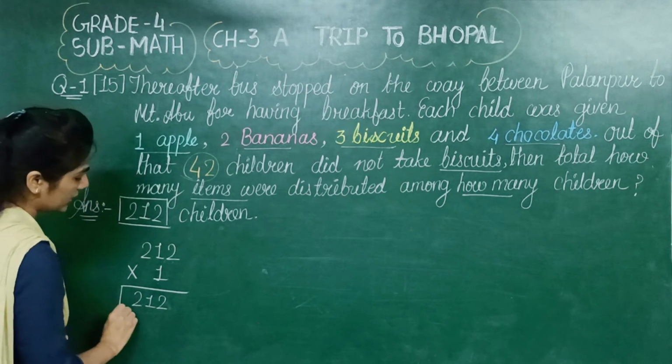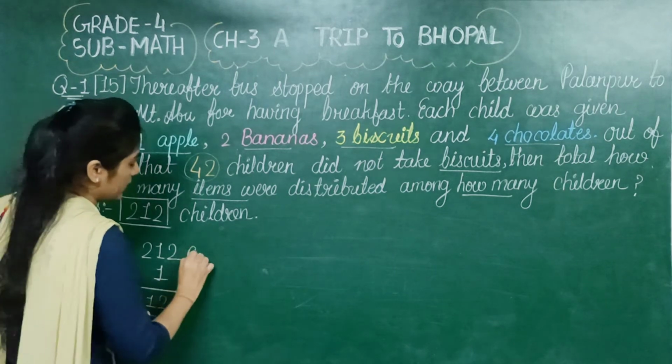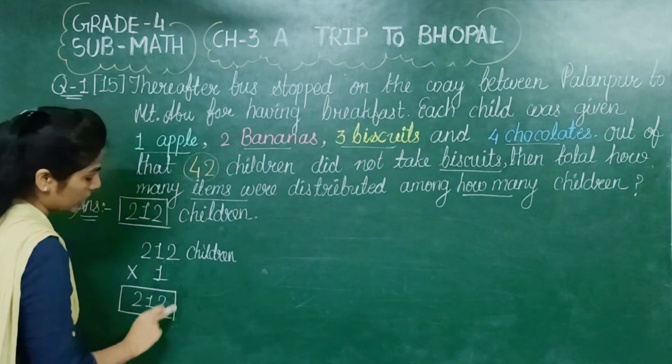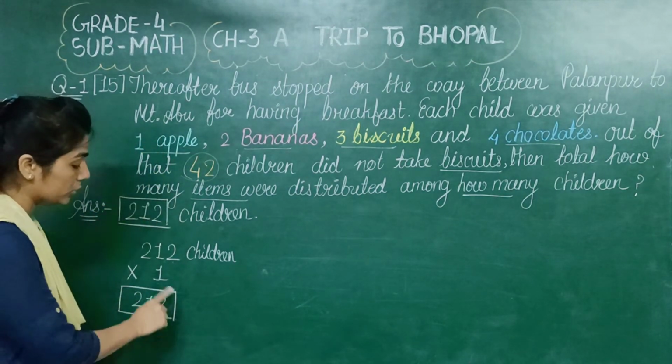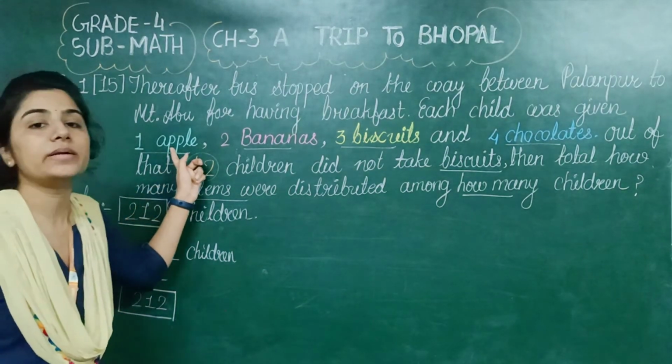This is the number of apples. That means we can say that among 212 children, 212 apples were distributed.